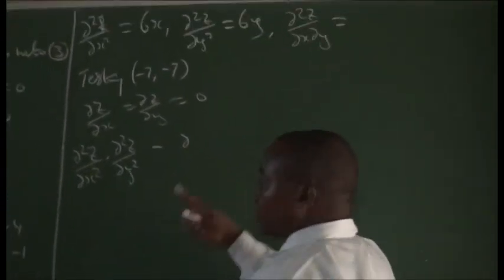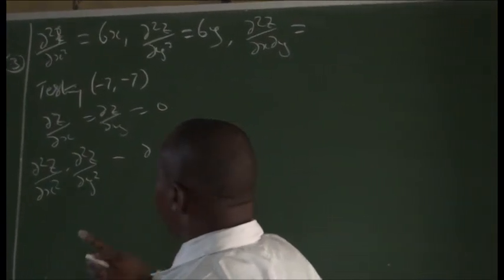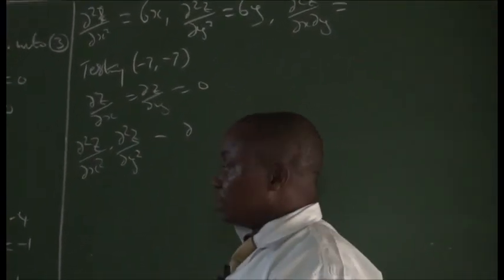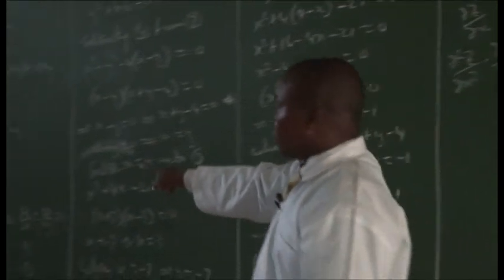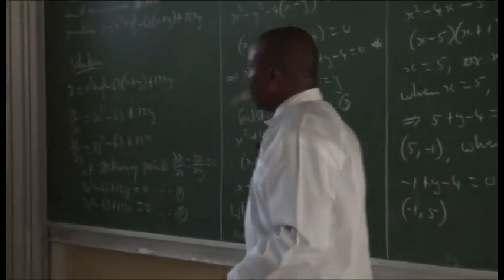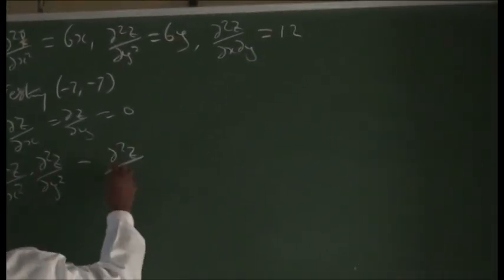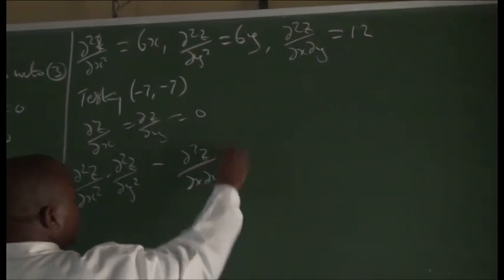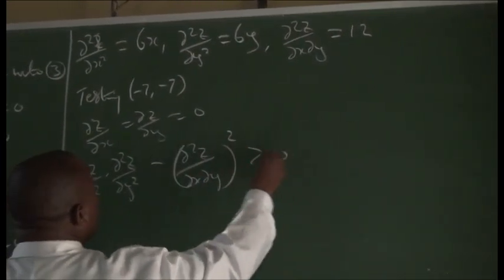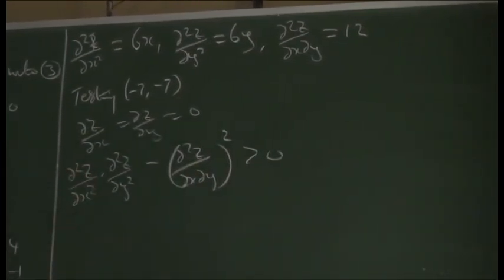That is, go to x, differentiate with respect to y. If you go to x and differentiate with respect to y, we'll have 12 only there. So the condition is: partial square z over partial x partial y, squared, will it be greater than 0? This is the condition. So let us see.